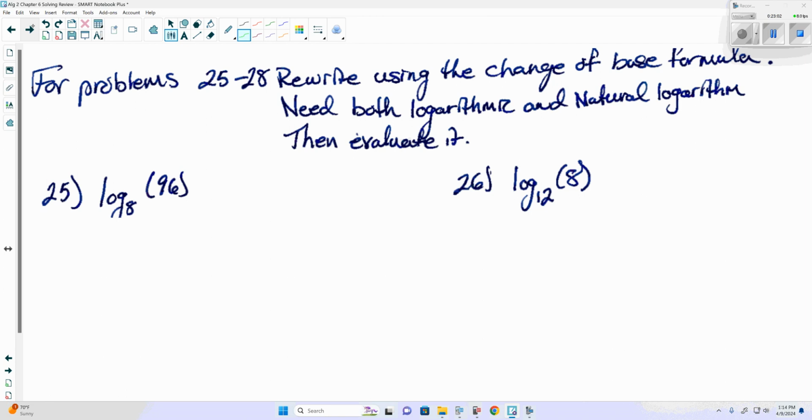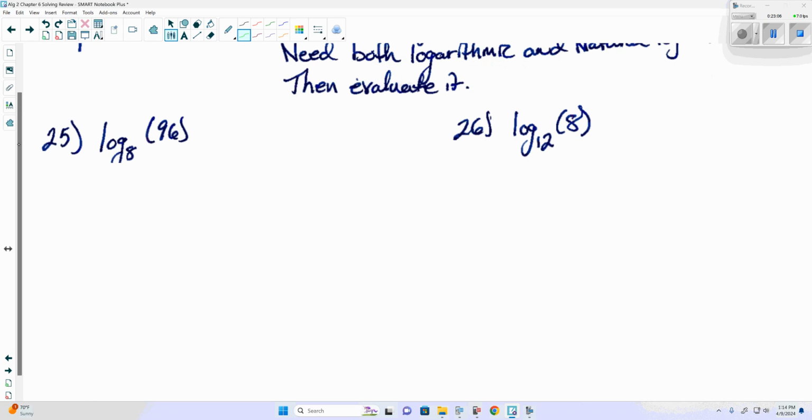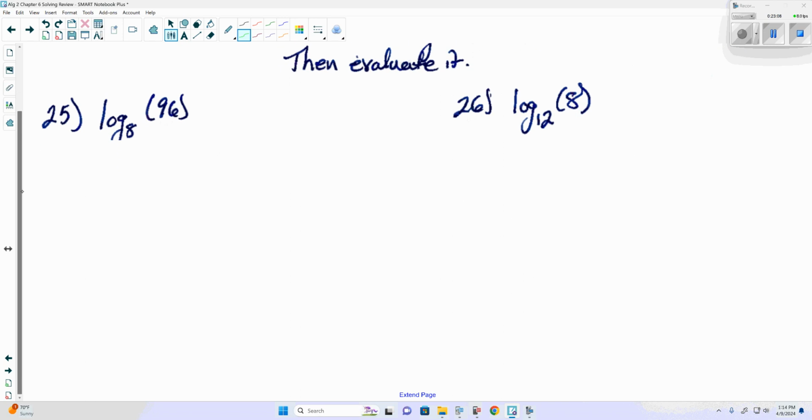25 through 28, we covered this before the last test, but I'm throwing them on here because this will be some nice points to get. Our change of base, log base b of m, is equal to log of m over log of b, whereas a natural log would be ln of m over ln of b.